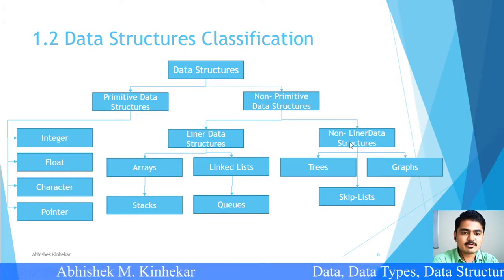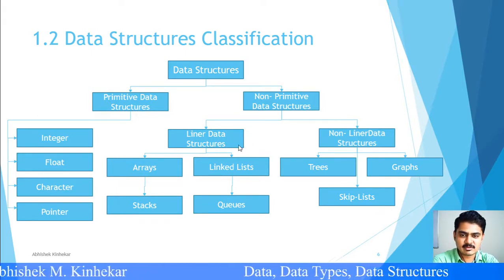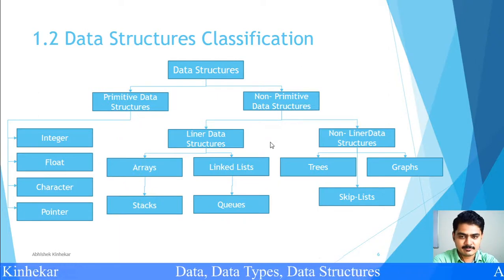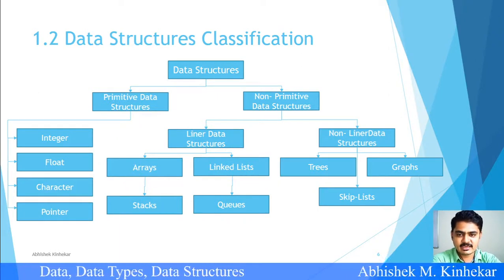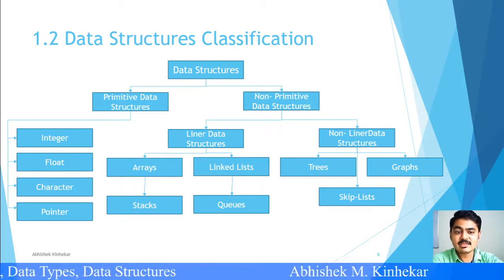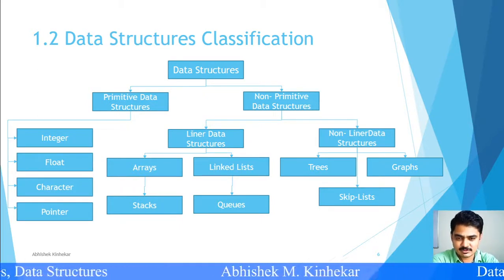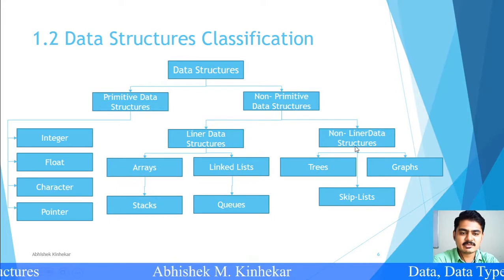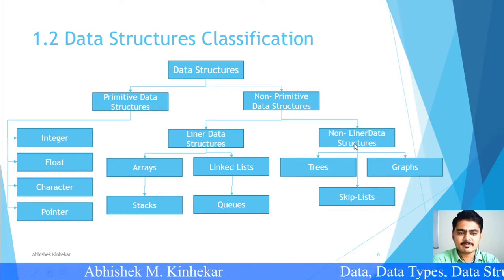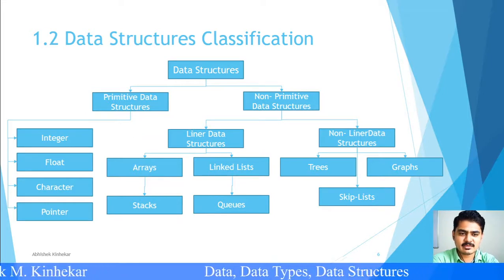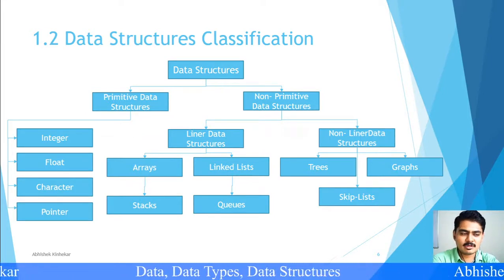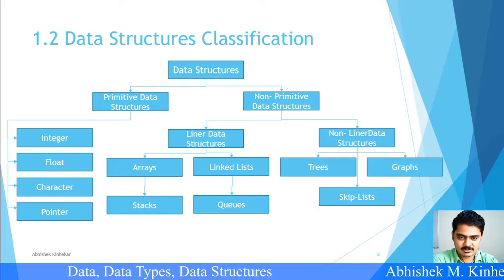Now linear and non-linear data structure, these two words are self-explanatory. First thing, linear means where the organization of data is in a single row or a linear form or in sequential memory locations. What is non-linear data structure? Again, the name says the same thing. The organization or the placement of data is in non-linear form or in non-sequential memory locations.